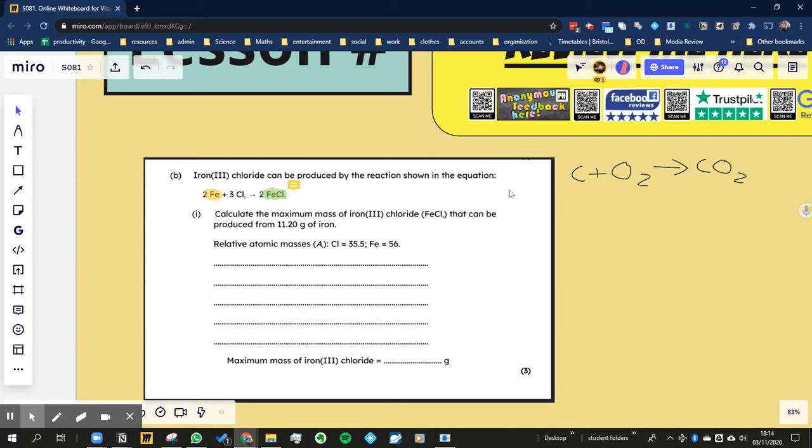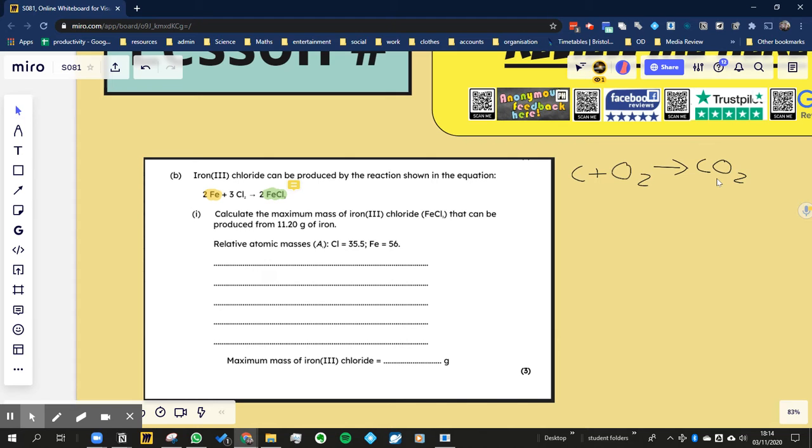First of all, it gets a bit tricky when we talk about molecules in this situation because it's an ionic compound, and ionic compounds don't form molecules. So the thing that we're making is an ionic compound, so it doesn't form a molecule. But in my example over here, that is a molecule. So we can, if we like, say that every 1 atom would react with 1 molecule of oxygen to produce 1 molecule of carbon dioxide.